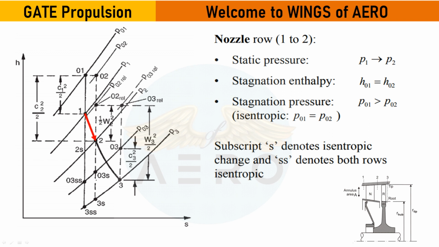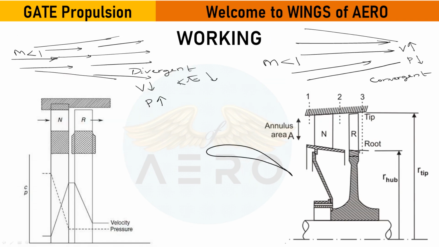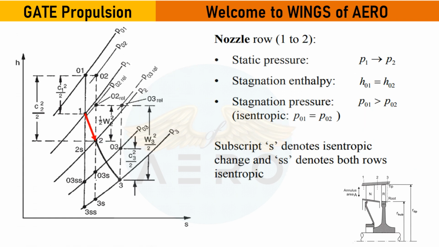Now first and foremost, when the air is entering through the nozzle, or we can call it a stator, there is a change or transformation of static pressure. So let's take the static pressure when it's entering the nozzle as 1 and leaving as 2.